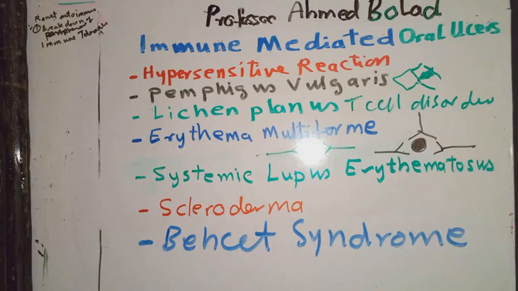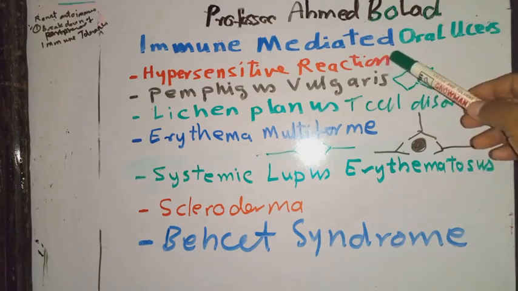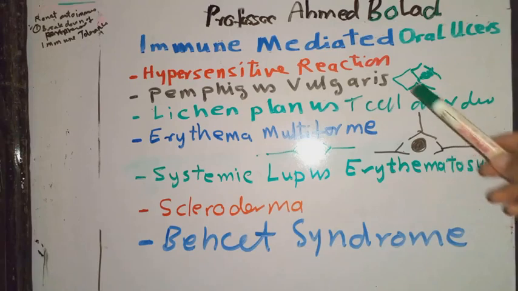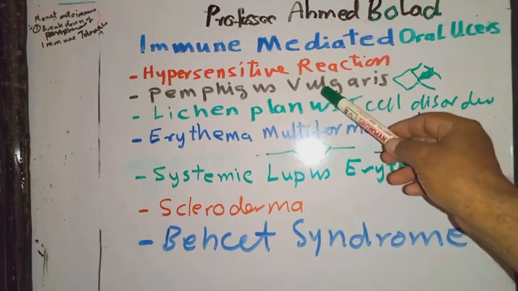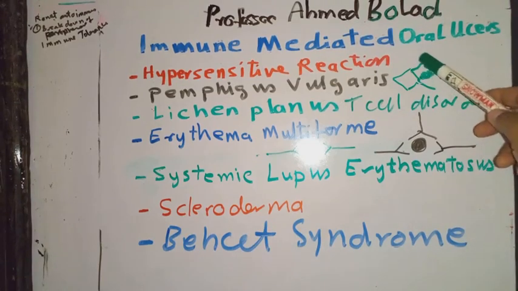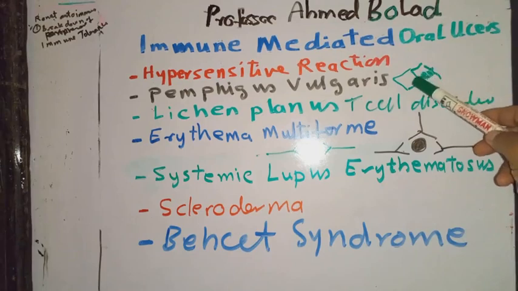In hypersensitive reaction, usually the clinical presentation may be mucosal ulcers or blisters. In case of Pemphigus vulgaris, it is an autoimmune disorder, and as you know, keratinocytes are connected together by cement.